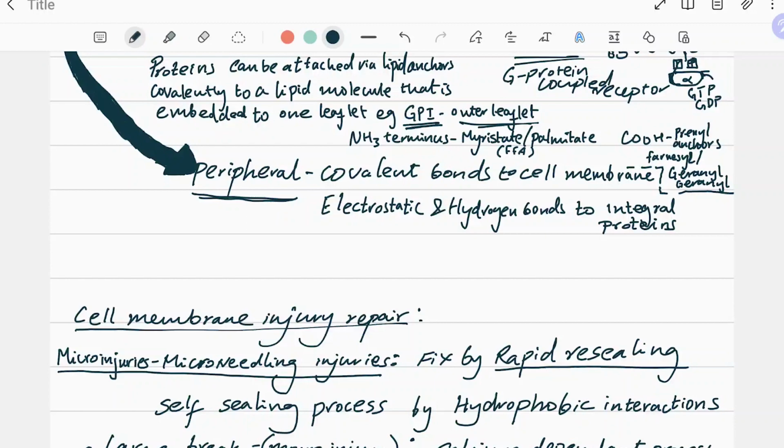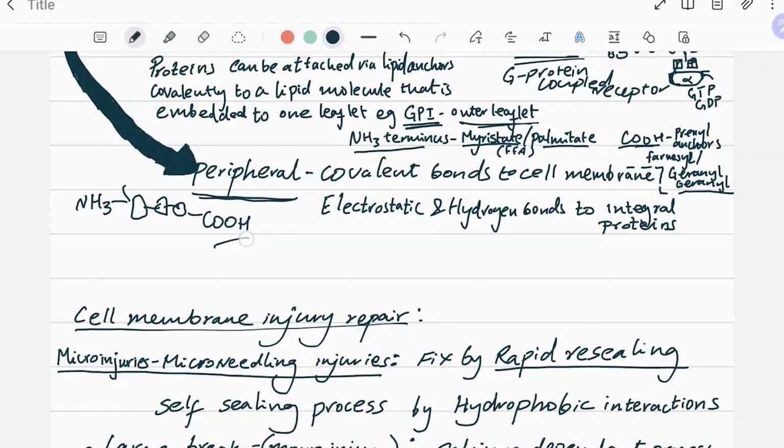For the inner leaflet, proteins can be bound via the amino or carboxy terminus, meaning every protein has an amino end and a carboxy end. The amino terminus can get bound to fatty acids in the inner leaflet surface, like myristate or palmitate.